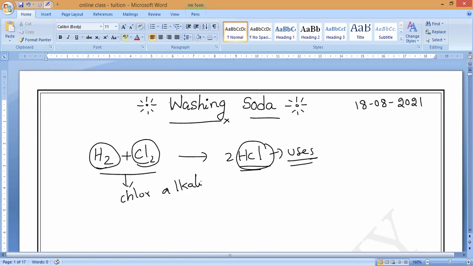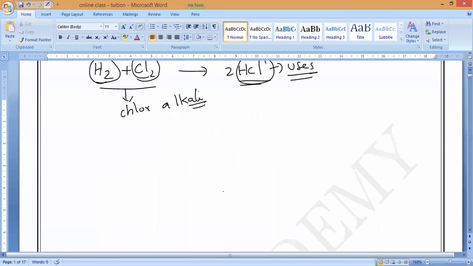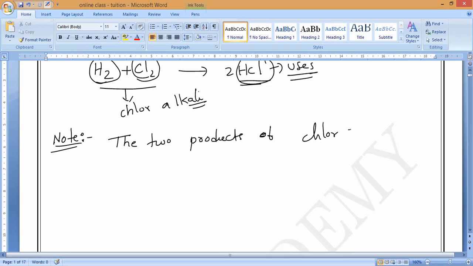Now, in the same way, if I combine another two products of the chloralkali process, can anybody say what they are? One is sodium hydroxide and another one is chlorine. Very, very important, so you can make a note. The two products of the chloralkali process are sodium hydroxide and chlorine.